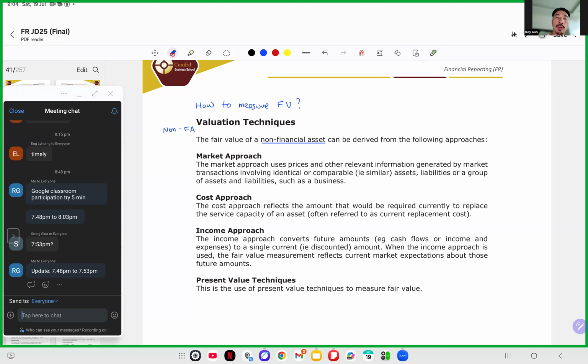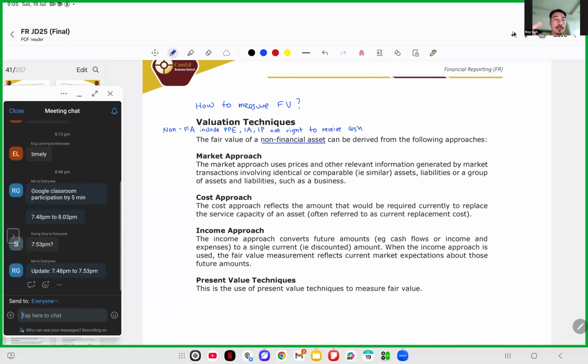Non-financial asset will include property, plant, equipment. All right, include your intangible asset. Maybe include also your investment property, which is not the right to receive cash.